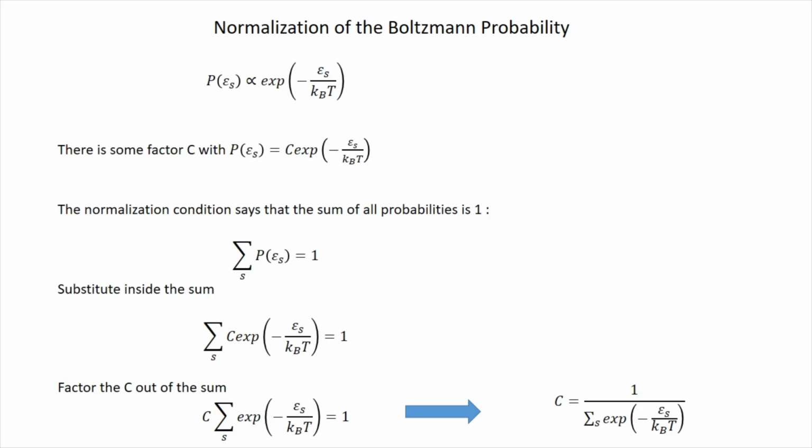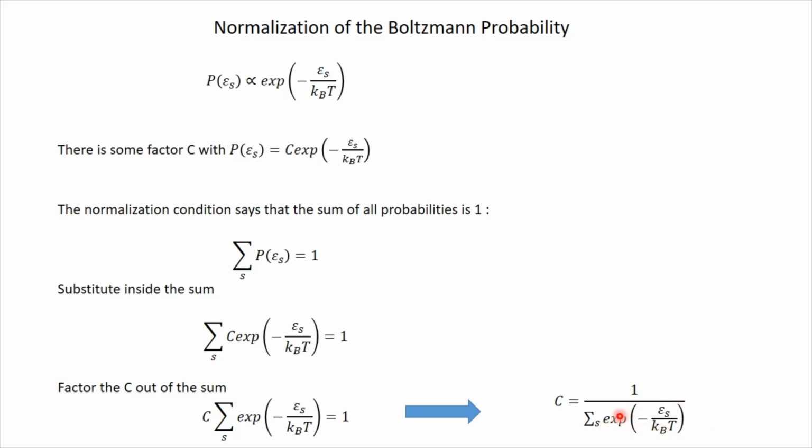So let's substitute this c times e to the minus E sub s over k_B T into this formula. So we get the c and the exponential summed up equals 1. And you can factor the c out, and you can say that c is equal to 1 over the sum of all these exponentials.